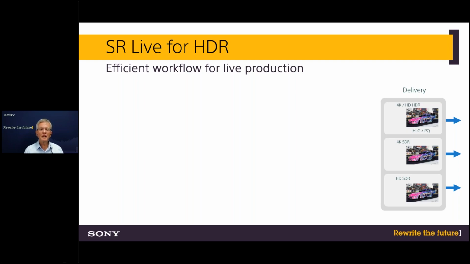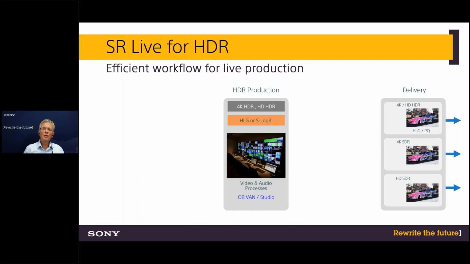So you could be working to deliver a 4K Ultra HD feed in high dynamic range in PQ or in hybrid log gamma in accordance with BT.2100. You could be delivering a 4K standard dynamic range feed or a high definition standard dynamic range feed, or a combination of a number of these delivery formats.